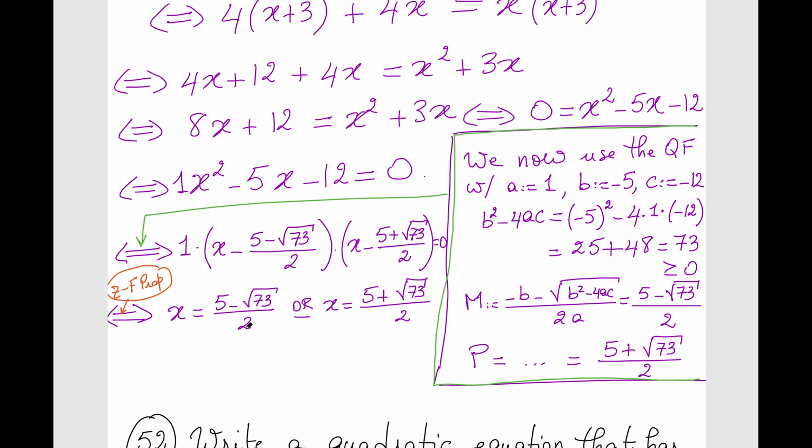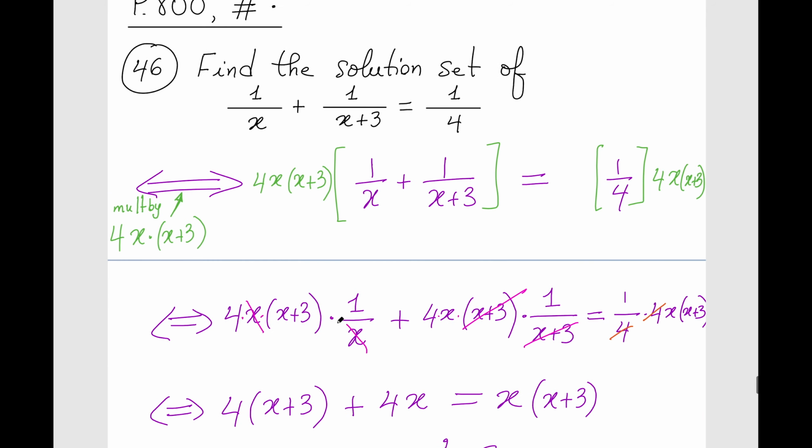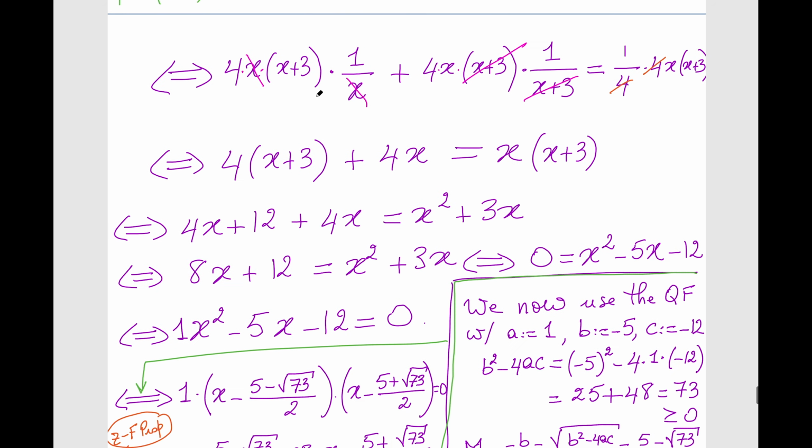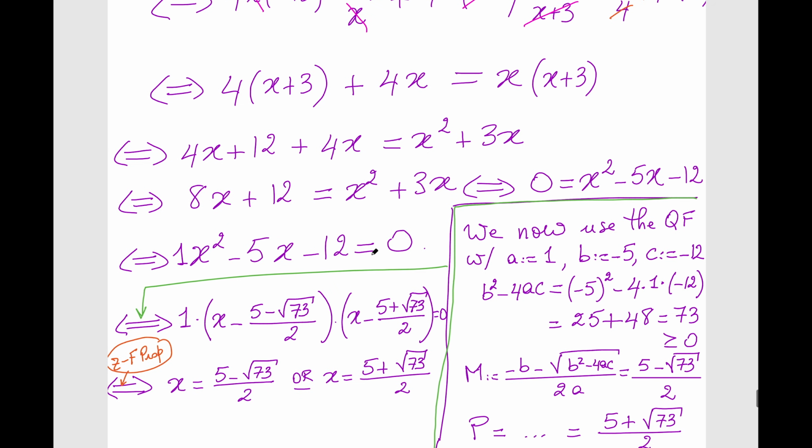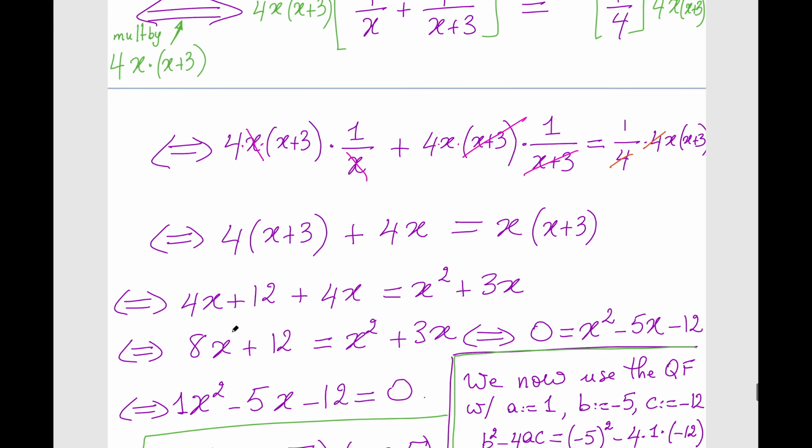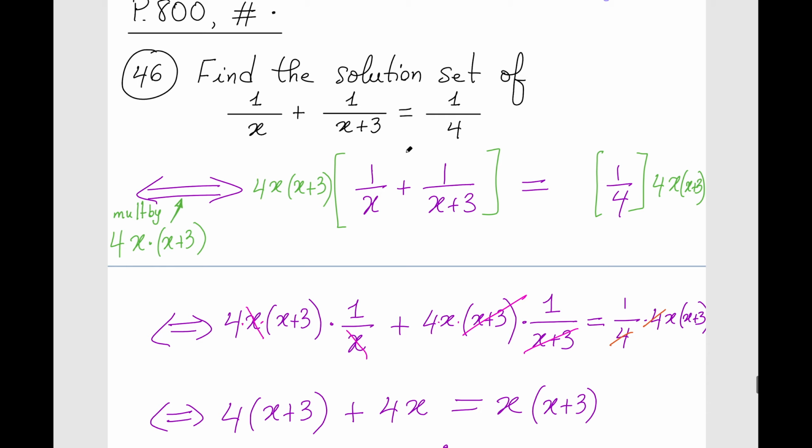Okay, so these are the two solutions of this equation, because this equation, as we discovered, is equivalent to this quadratic equation, which has these as solutions. As such, these are the solutions.